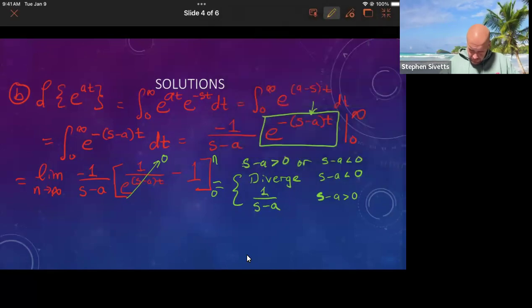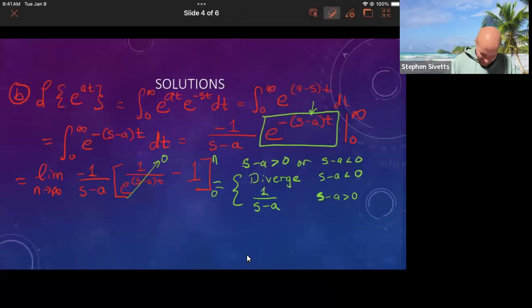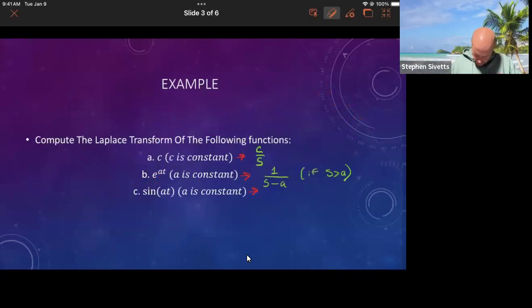Now, the last transform we can go over is sine of at, right? Sine of at. So let me clear out this work here.